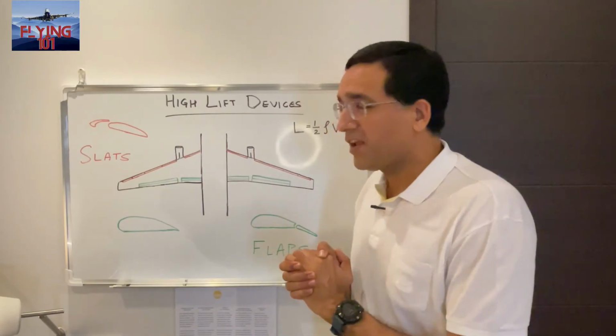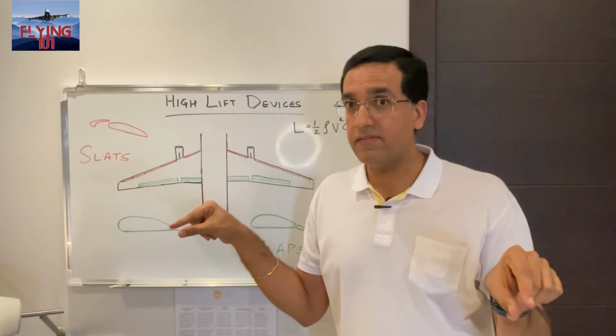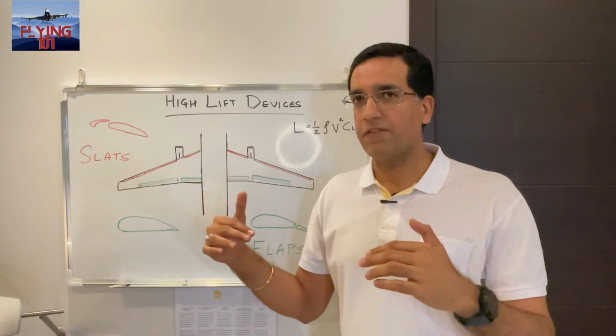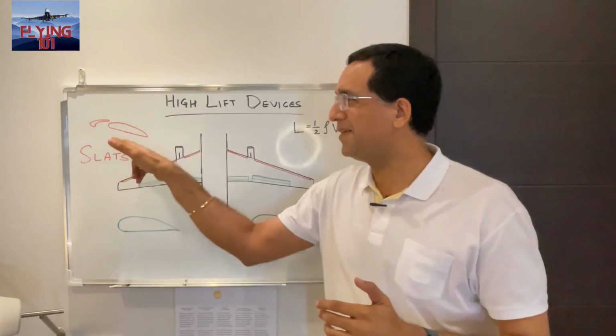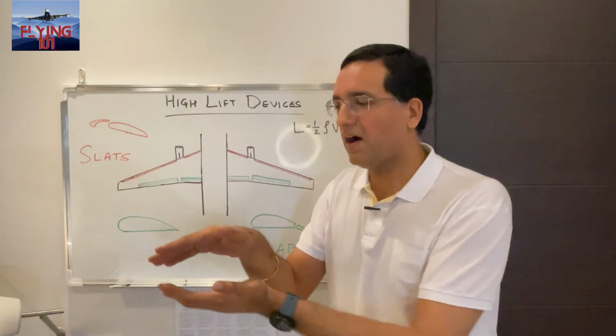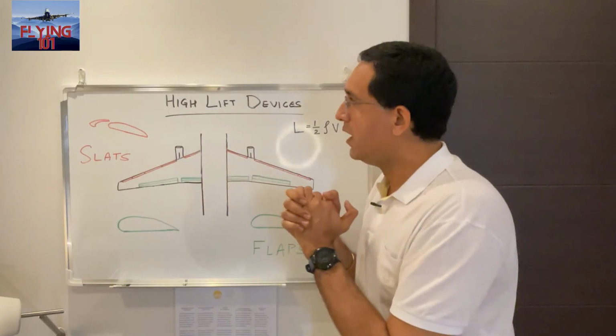So once again, a quick recap. Slats are typically on the leading edge of the wings, and once extended in flight during takeoffs and landings, they allow for the boundary layer, so the airflow over the top that's happening smoothly, to be re-energized at a higher angle of attack, so the angle between the wing and the relative airflow.